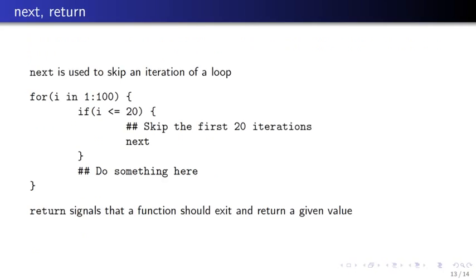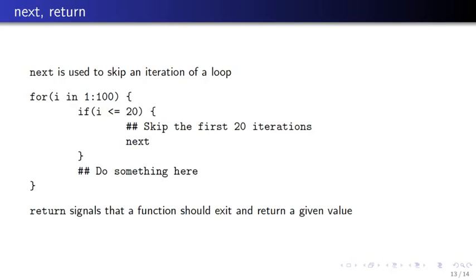The last control structure element I want to talk about is next, and then there's also return. Next is basically used in any type of looping construct when you want to skip an iteration. So here I've got a basic for loop, which is going to run for 100 iterations. But the idea is that I want to skip the first 20 iterations and then only execute some code for iterations 21 through 100. So here I've got a very simple if condition.